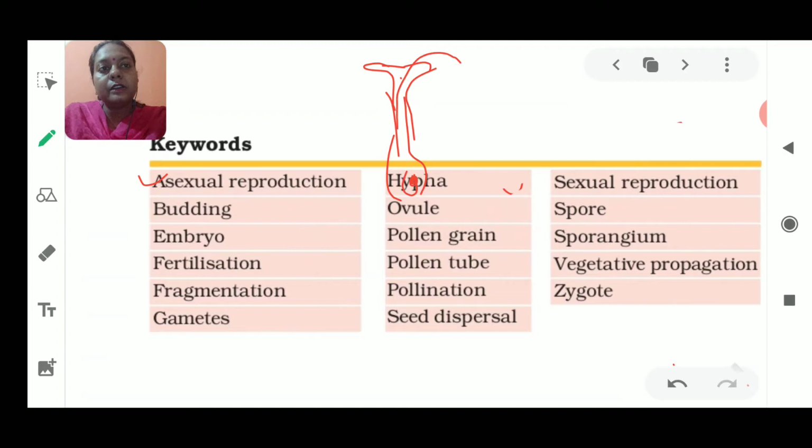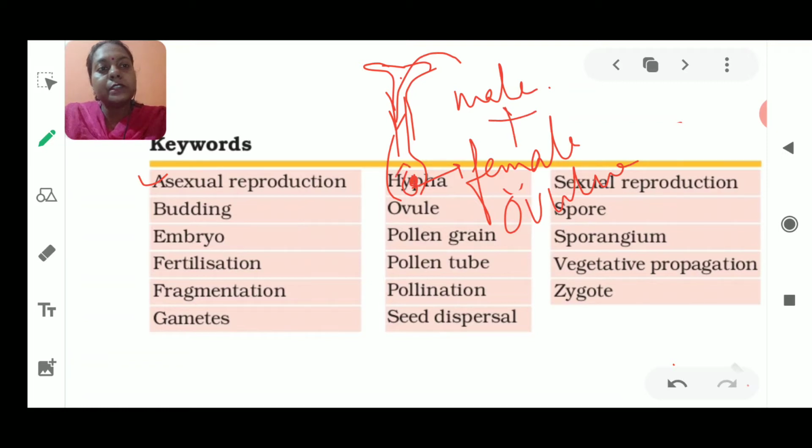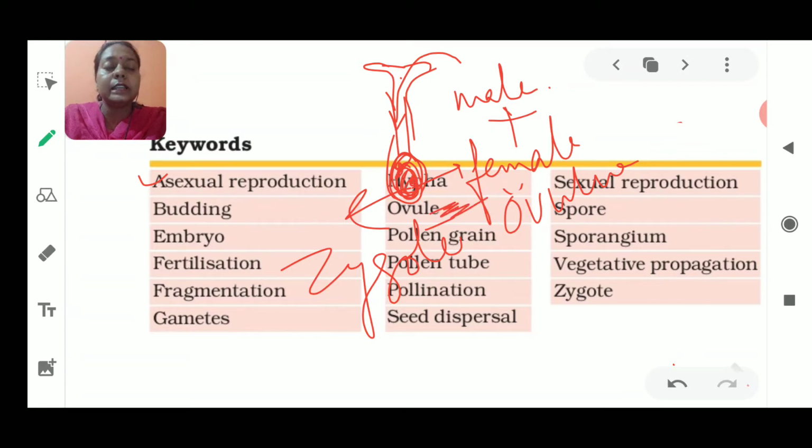Now when the pollen grain comes, it contains the male gamete. So the male gamete is present in the form of the pollen grain, whereas the female gamete is present in the form of the ovule. These are fused together, and once fused, they form a zygote. This process of fusion of male and female gametes is known as fertilization.